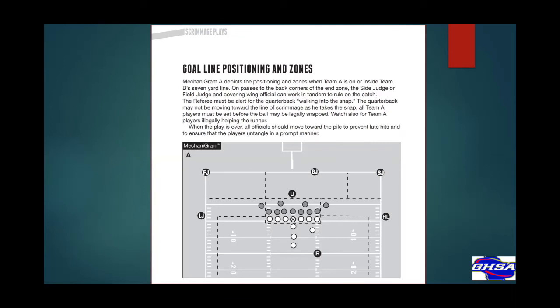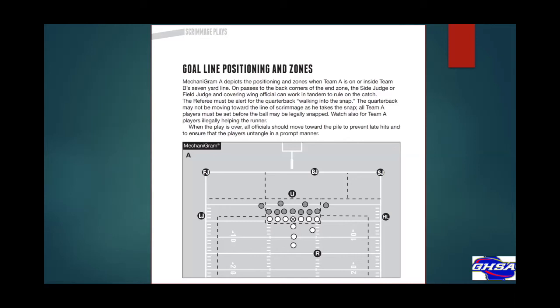Here we've got a clip straight from our 7-man mechanics manual. We're set up going in, with an offensive team that's trying to score. In this pictogram, mechanigram, they are starting from roughly the 4-yard line going in.